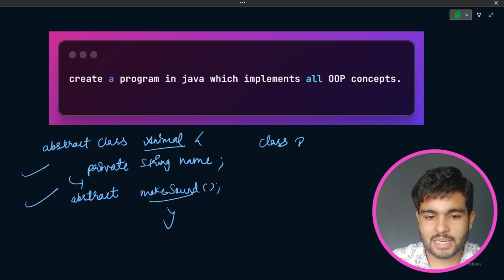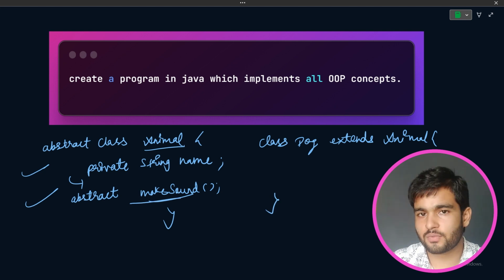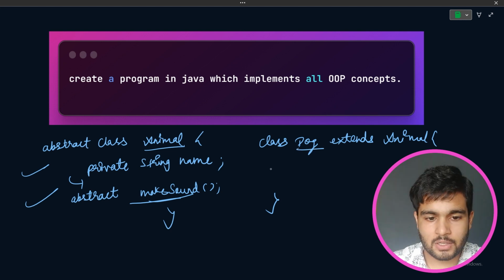After that, we will create a Dog class, and that Dog class would also extend the Animal class. In this Dog class, we must create this makeSound function, otherwise the program will not run, and this Dog would not be considered an animal.